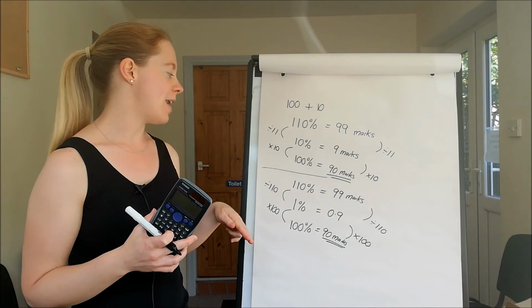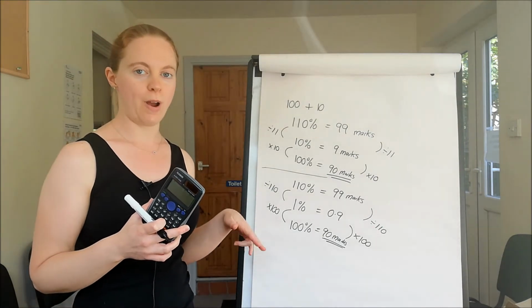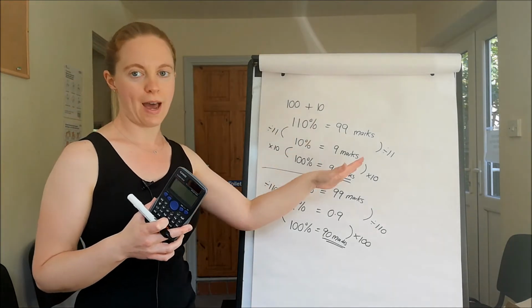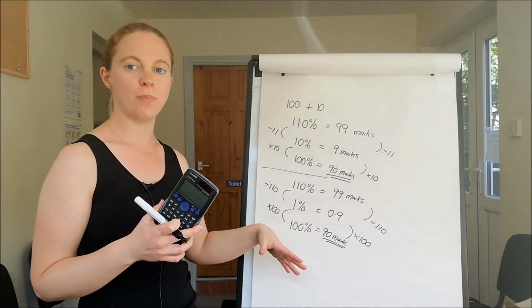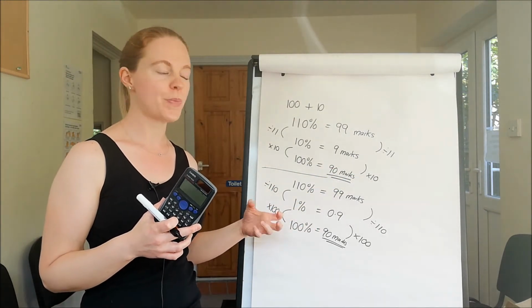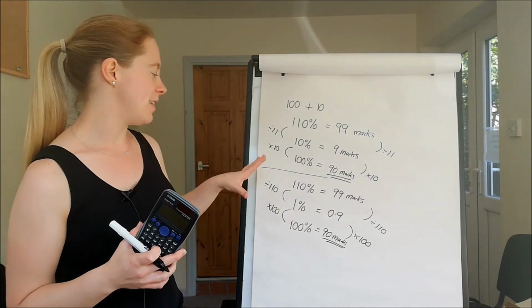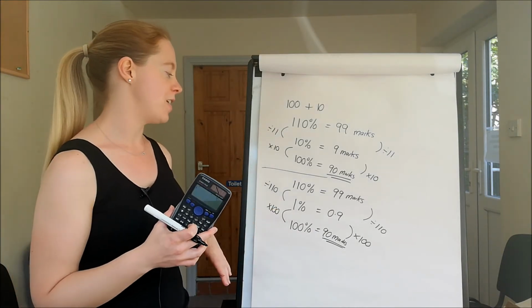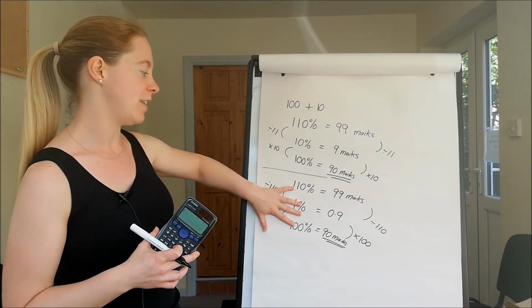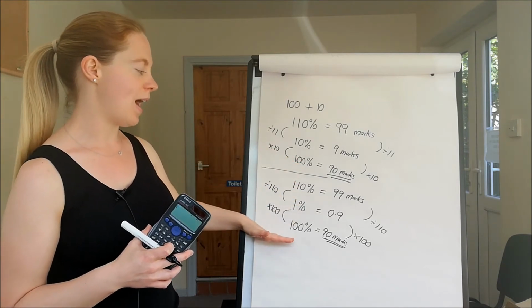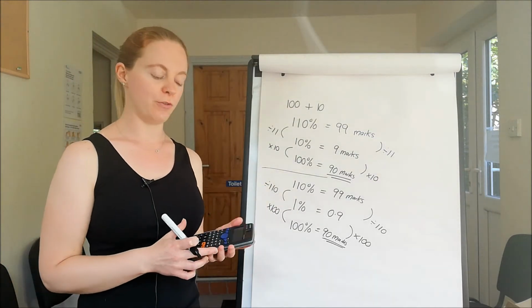It scales up quite nicely to those baking problems where it says this much butter makes that many cookies, and you ultimately have to find out how many cookies you could make with a different amount of butter. It just lends itself to quite a few different areas of maths. So if you don't have a way of doing reverse percentage on a calculator, then I would recommend setting it out like this, just because it's useful for lots of other stuff as well.